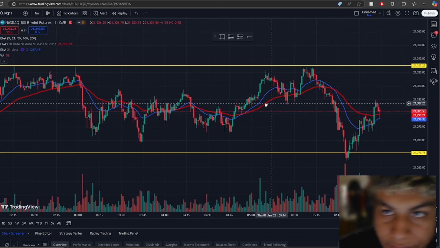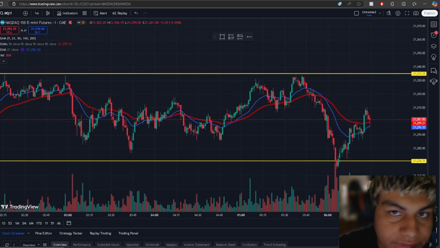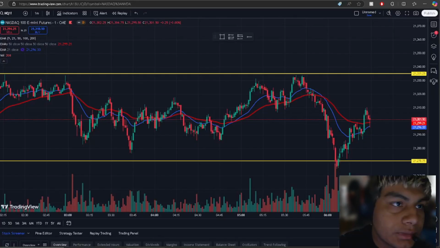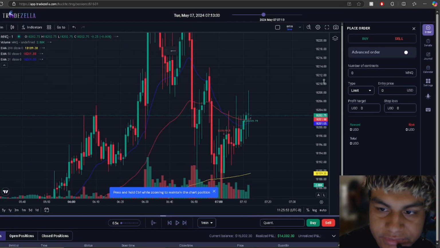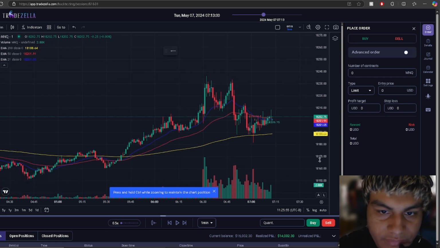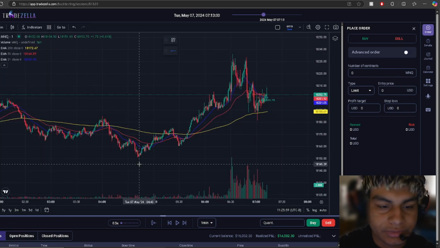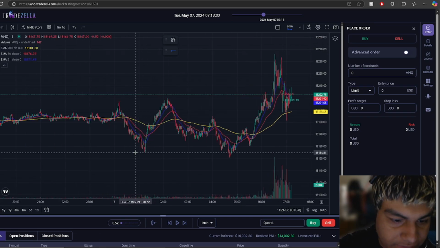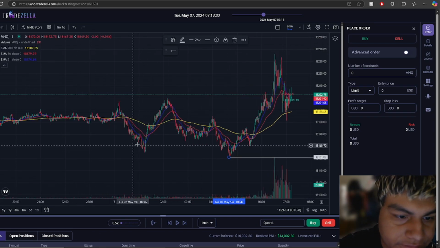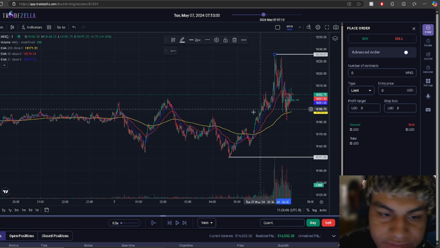So here we can test out a strategy of mine. Let's test out the support and resistance that I was talking about. So here we have support and here we have resistance.